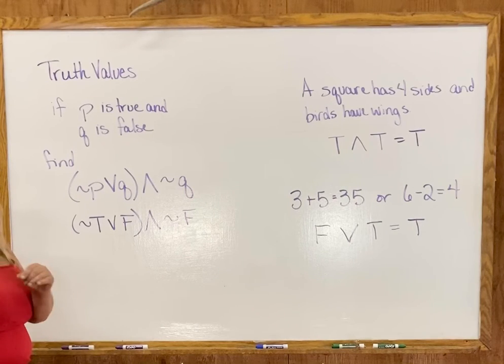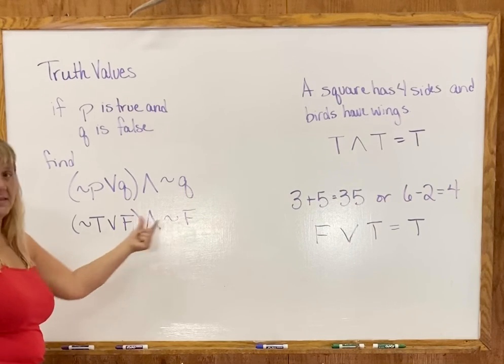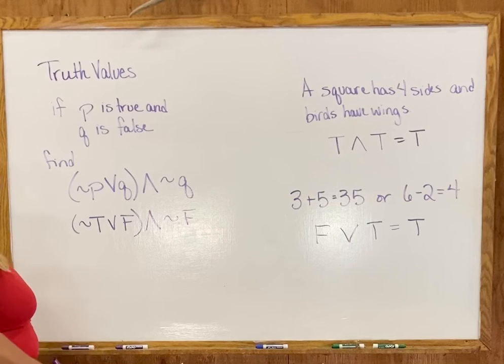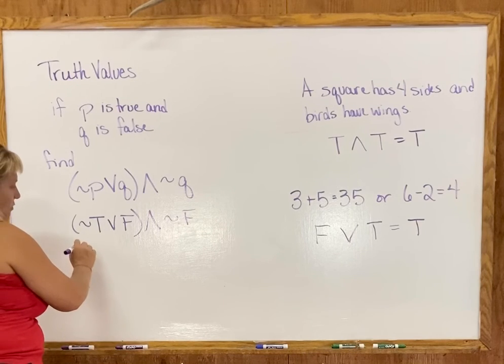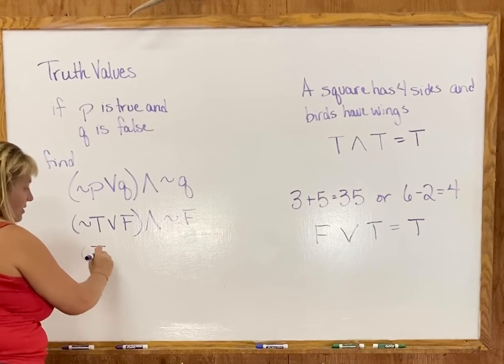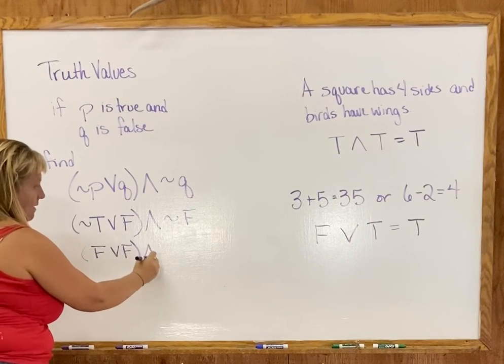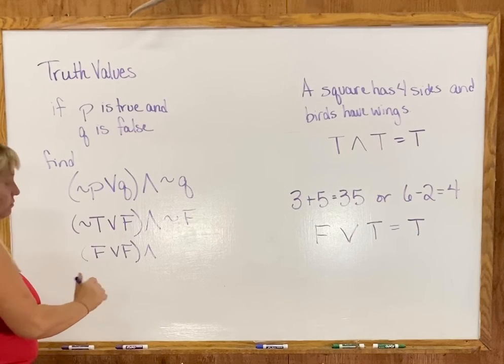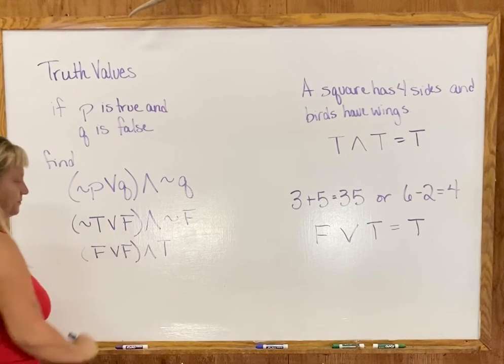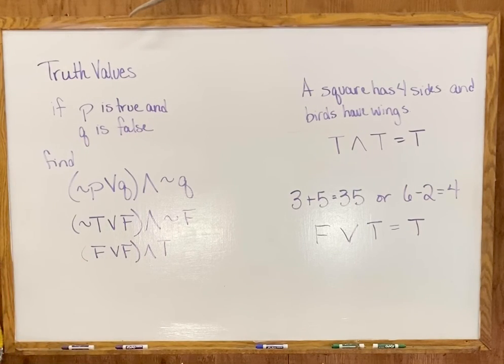So the easiest thing to do now would be to flip-flop these nots, wouldn't it? So what's a not true gonna be? So couldn't we write that as false? We'll leave this guy alone. And then a not false would be a true. Okay, now, we've got to think of order of operations.